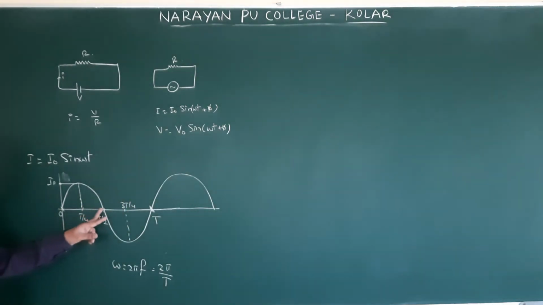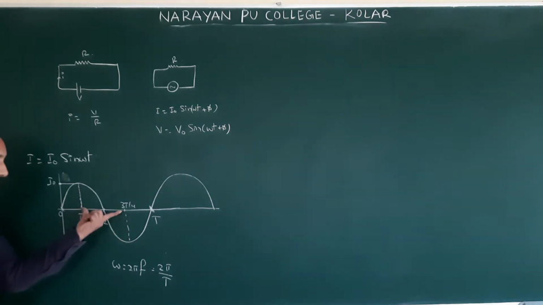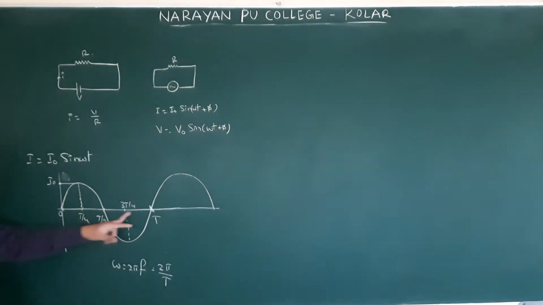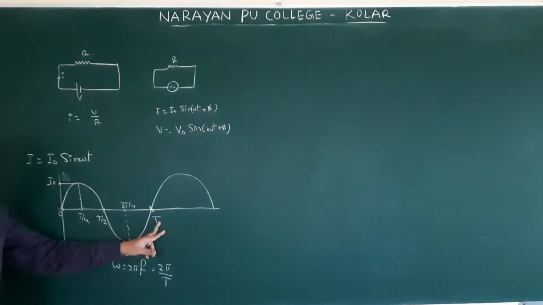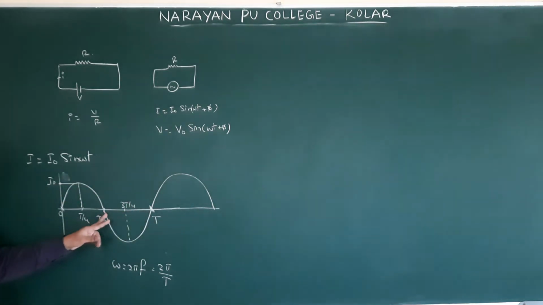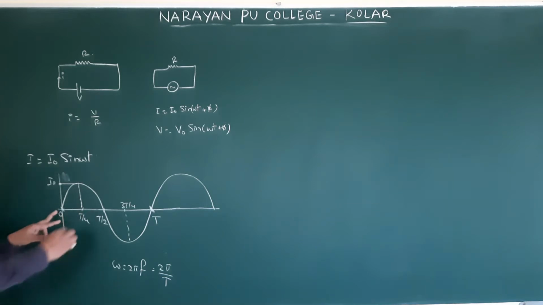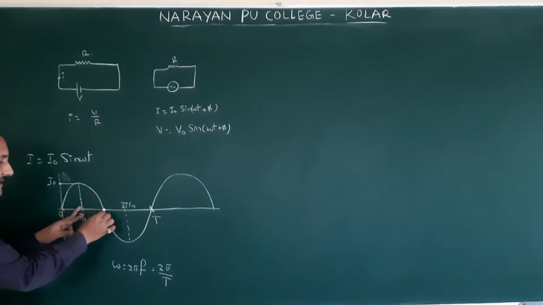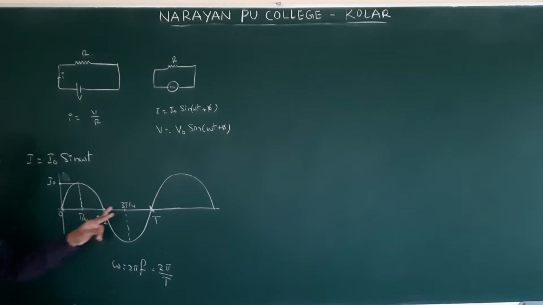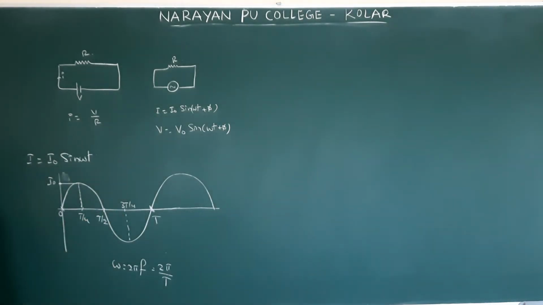So T by 4 plus T by 4 plus T by 4 is 3T by 4, isn't it? In this half it is T by 2, in this half T by 4. This is T by 4, this is T by 4, this is T by 4. Total 3T by 4. Like that you can remember.